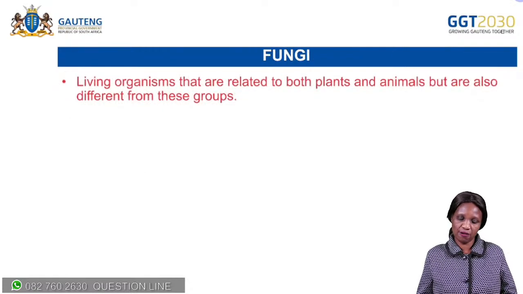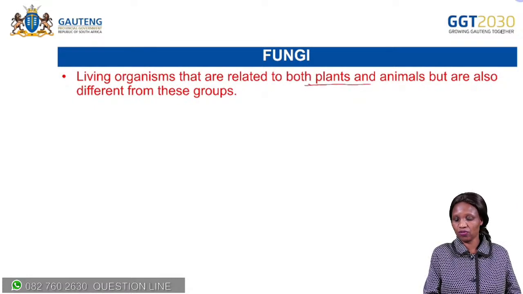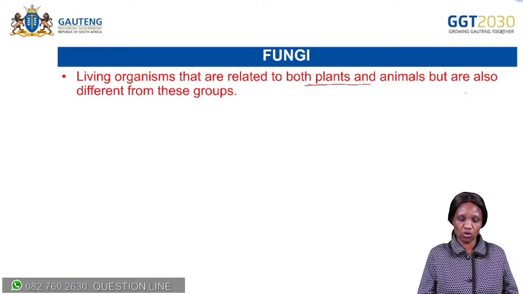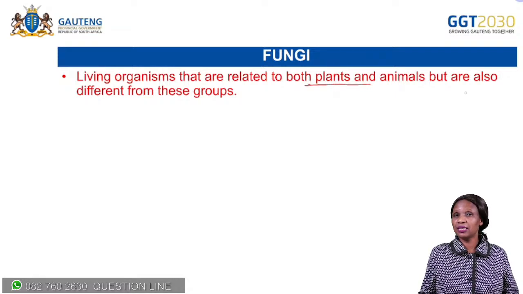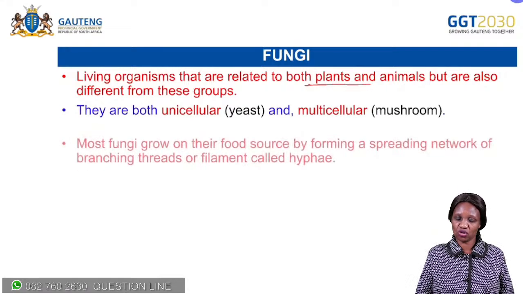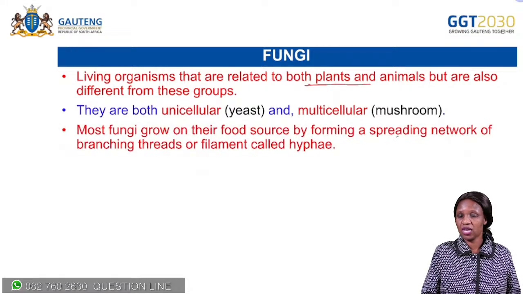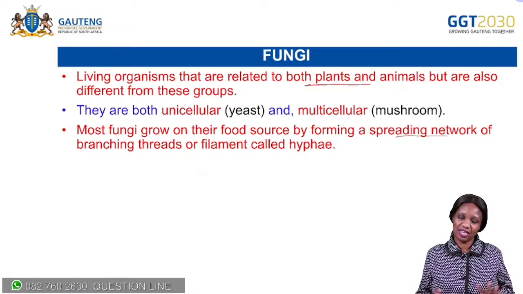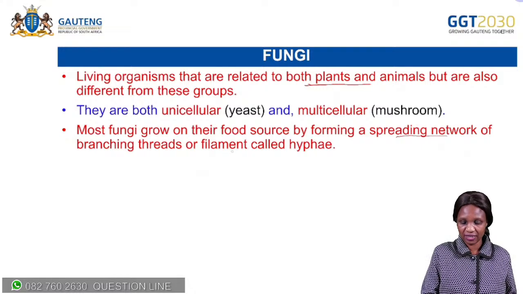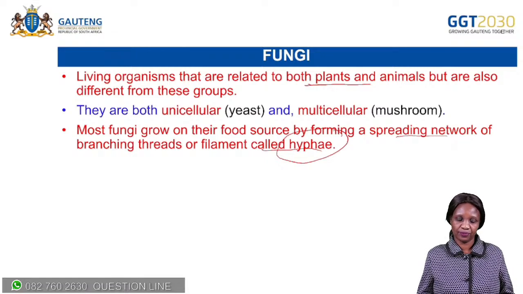And then we've got fungi. These are living organisms that are related to both plants and animals, but are also in a different group. We've got unicellular, that is yeast, and also multicellular, that is the mushrooms. Most fungi grow on food sources by forming a spreading network of branching threads or filaments called hyphae.